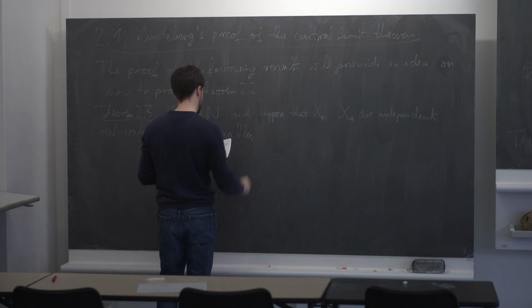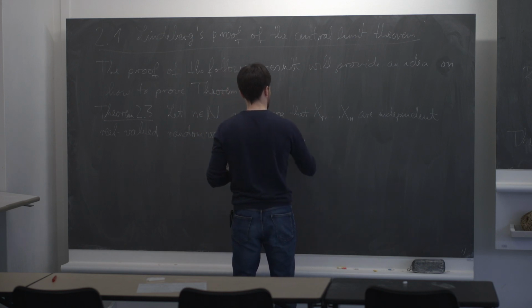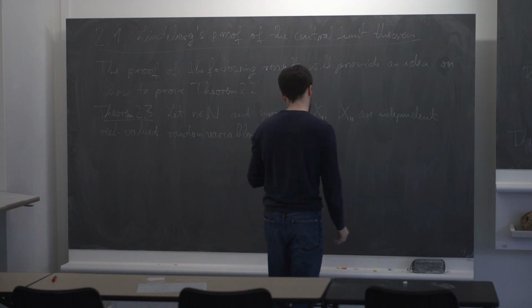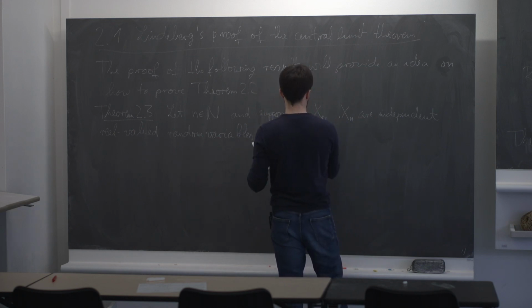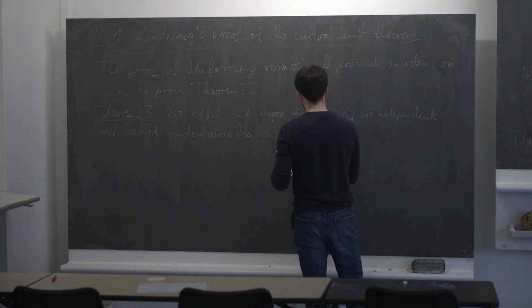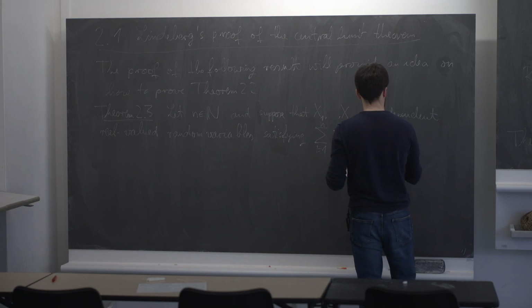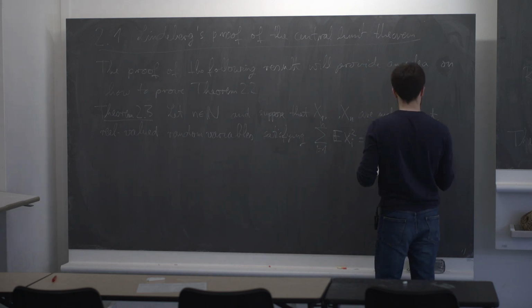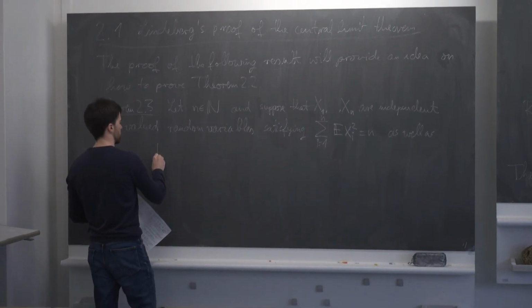Random variables that satisfy the following properties. So first of all, we want their second moments to sum up to n, and then we assume that the x's are centered.